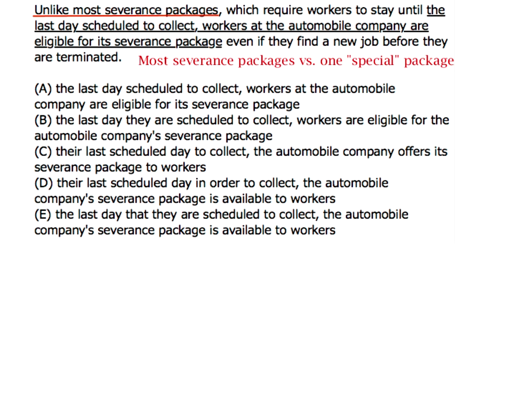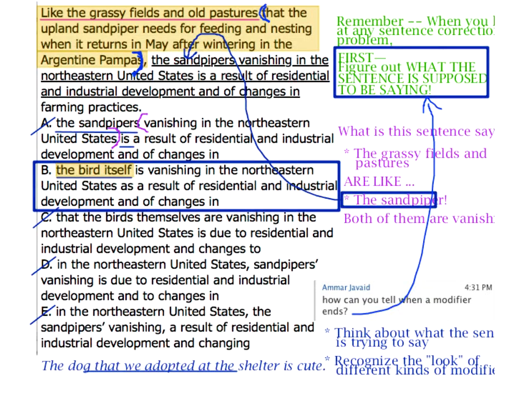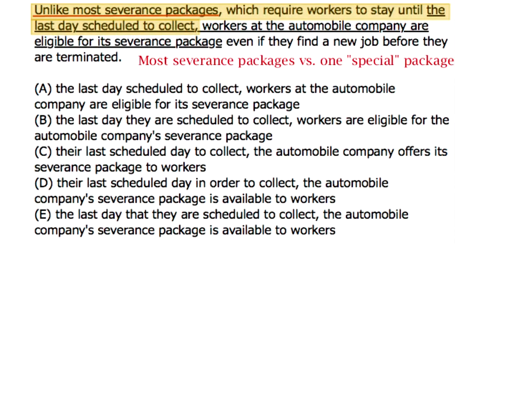Because, and this is why, like I was saying on that other slide, here's the other slide, where one person asked a question about how you tell when a modifier ends. Well, meaning, and then the look of different kinds of modifiers, but the meaning here is paramount. So if you think about what this sentence is telling us, it's going to be severance packages, but then which is a modifier.